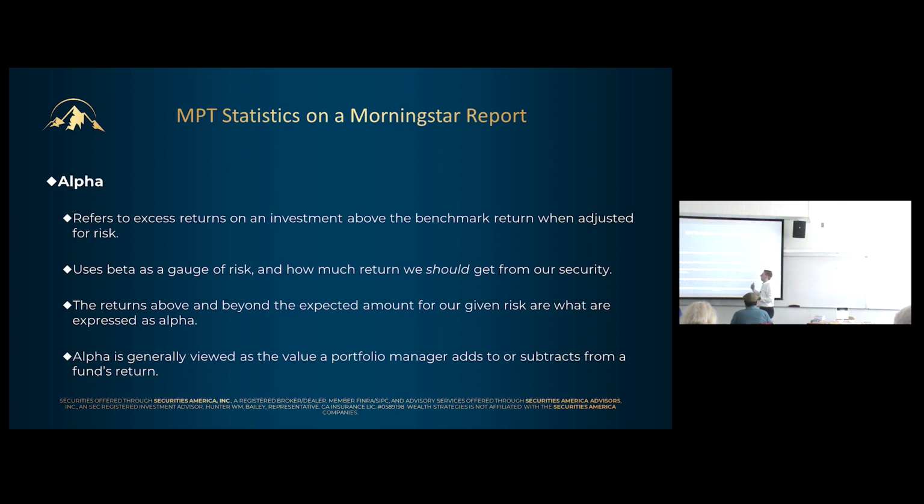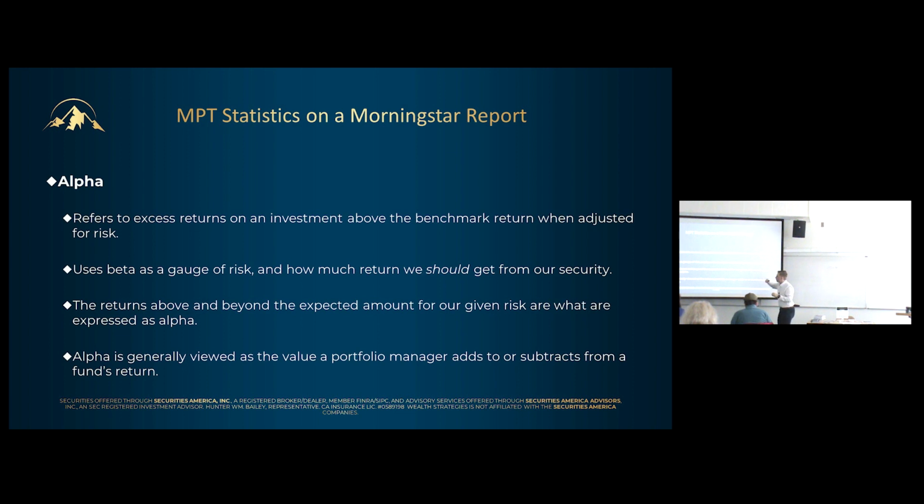Now, it uses beta as a gauge of risk. So when alpha calculates how much return you're earning for the risk you're taking, the risk you're taking is measured by beta. It's assuming that beta is the correct measurement of risk, and I'll talk a little bit about what is the correct measurement of risk once we do this.